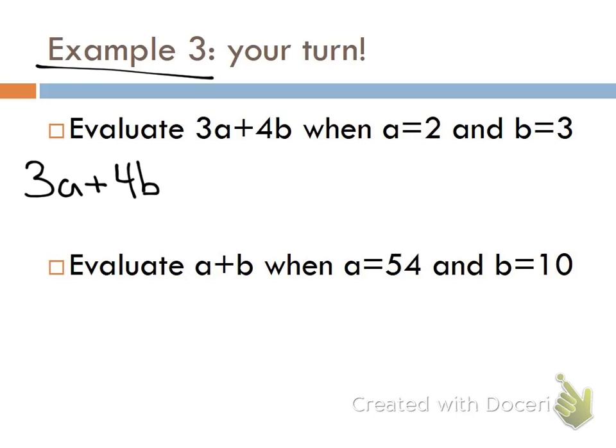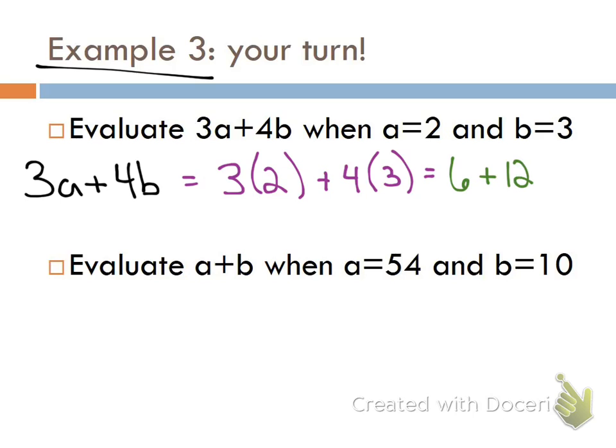Okay, what's my value for a? Equals 3 times 2 plus 4 times 3, which equals, what's 3 times 2? 6 plus 12. So that equals 18. Good job, guys. All right, so 18 is my answer.